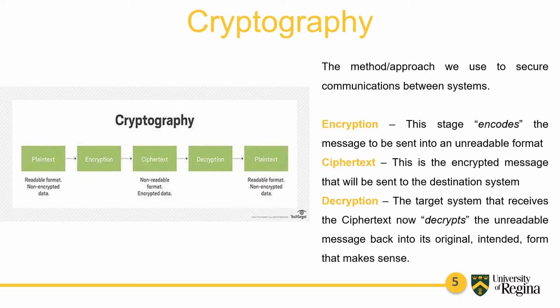Ciphertext. The unreadable data that we converted from the message we meant to send is called ciphertext. Decryption. Now, let us think from the receiver's perspective. Let us say the receiver gets the ciphertext. How can it make sense of it?